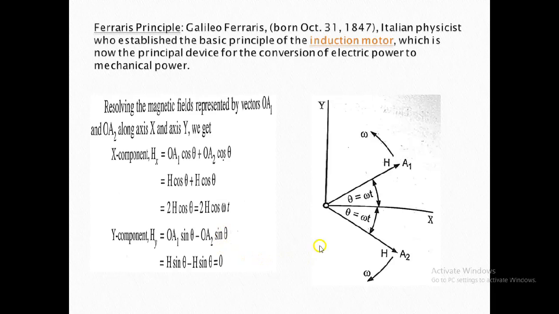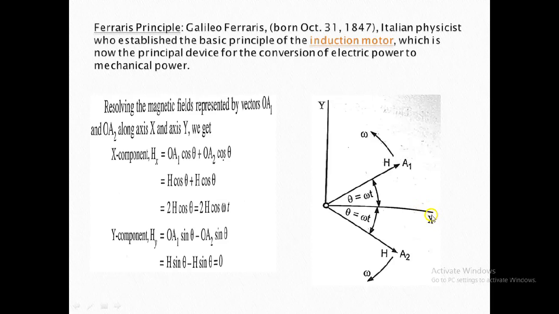For this, students, I have shown one phasor diagram. Here see this x-axis, it represents the flux created by the stator. Okay, this is Ferraris's principle. And how do you get the total flux? See, I have explained it with these mathematical expressions.